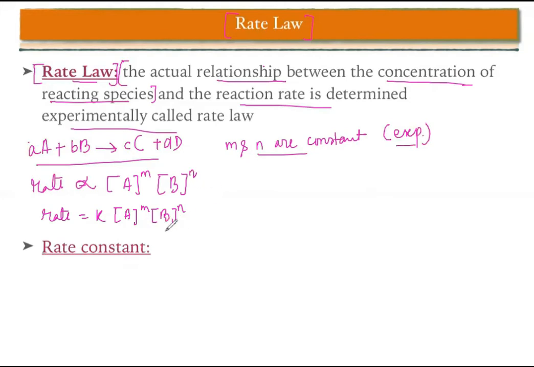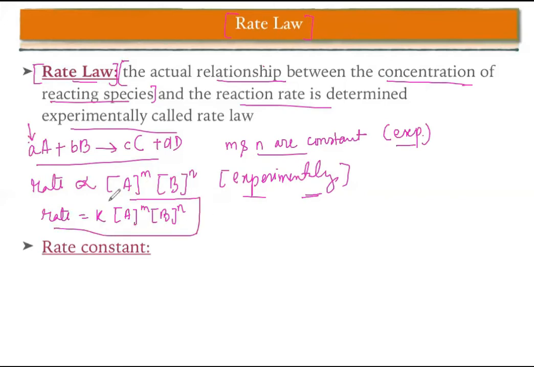So whatever we are writing, all this rate law is calculated experimentally. Do not confuse it with the actual reaction. So rate law can be expressed with these values. Now the rate constant.